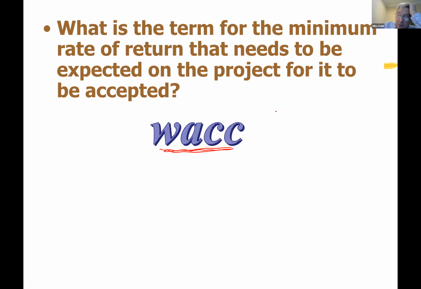For example, if the cost of capital were 12%, then when we look at a project's expected rate of return, it would have to beat 12% to be considered an acceptable project. So if the WACC were 12, and on a project we expect, well, I don't know, 11, we'd reject it.